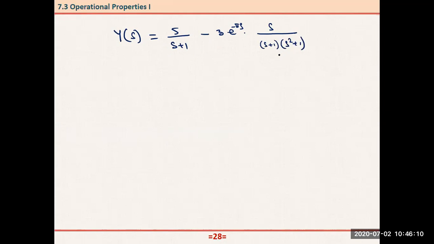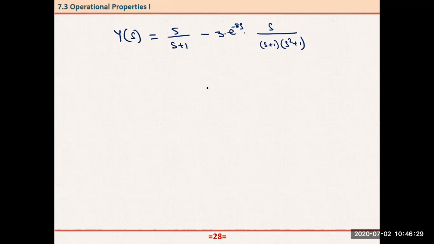So here we have 3s over s plus 1 times s squared plus 1.